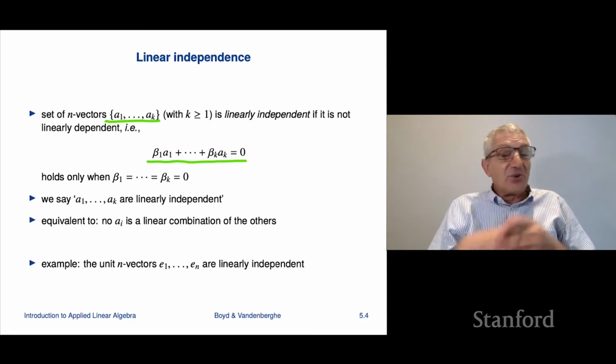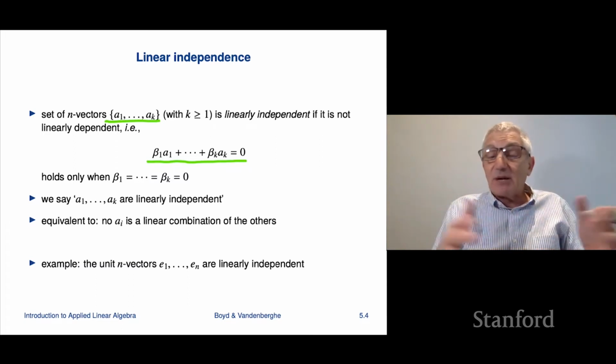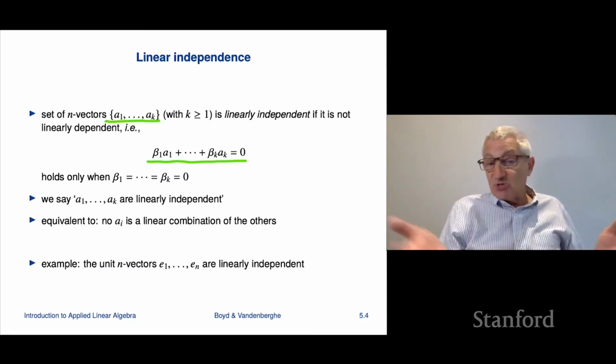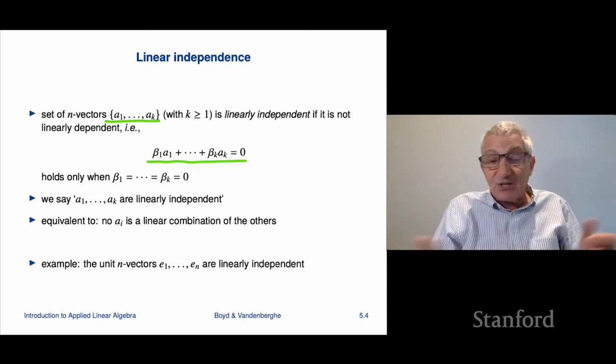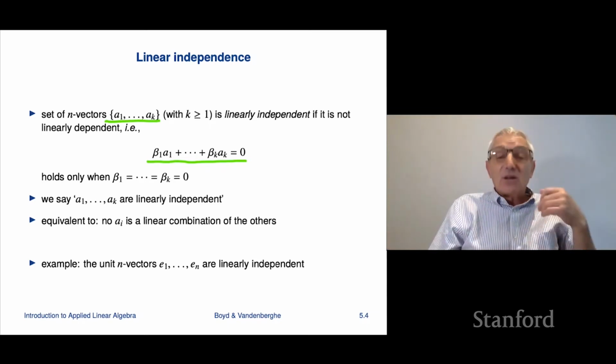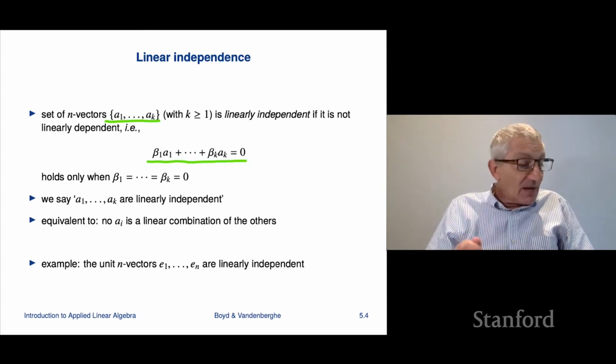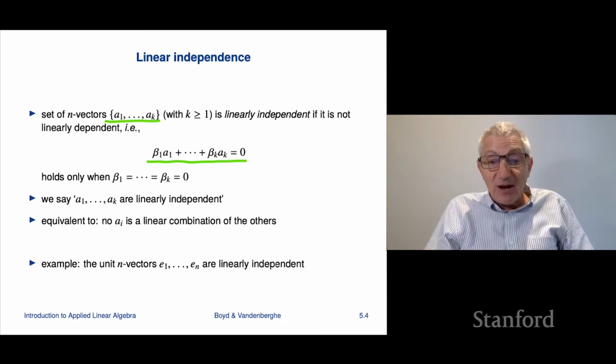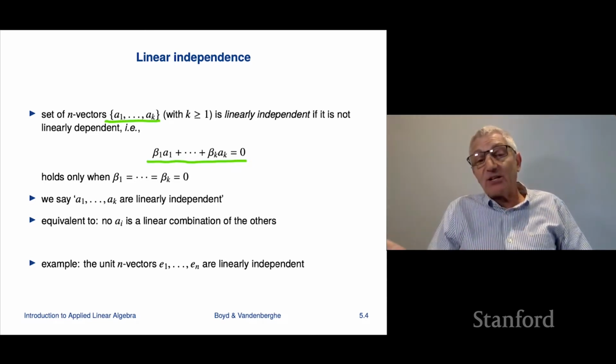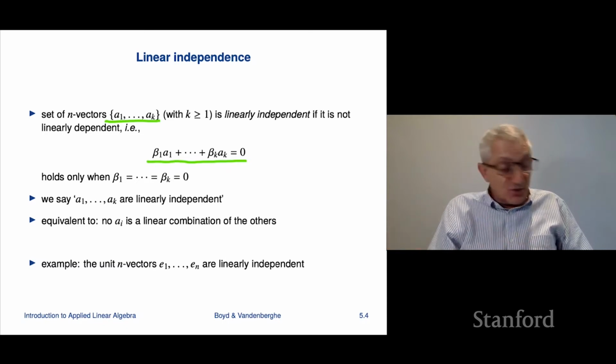For any vectors at all, if I make a linear combination with all 0 coefficients, I get 0. So I can always make a linear combination 0; I just take all the betas to be 0. The question is whether or not I can do it with non-zero coefficients. If the set of vectors is linearly independent, I can't do it. The only way to have a linear combination come up to 0 is that all the coefficients are 0.